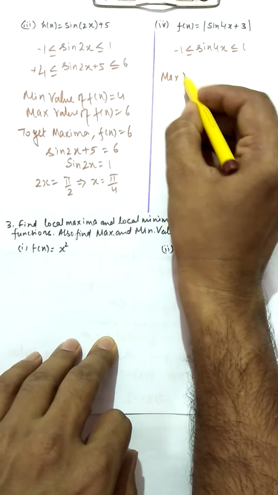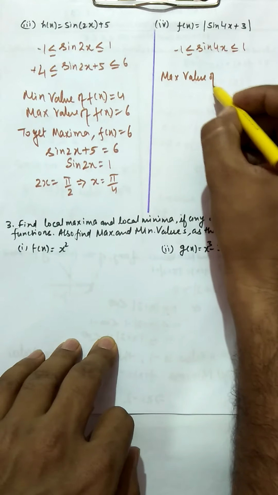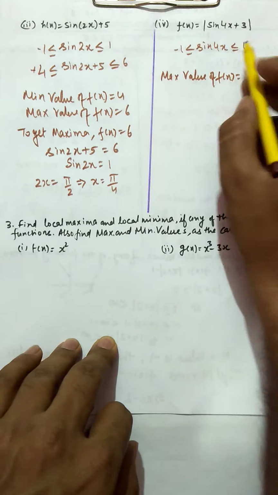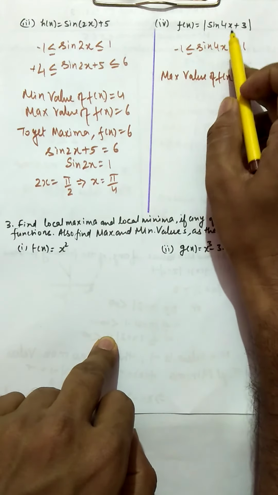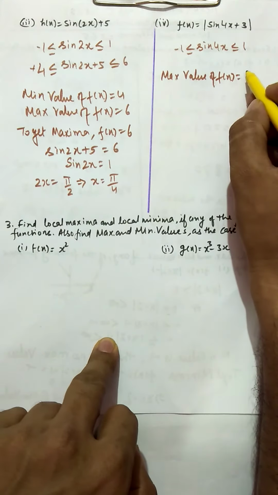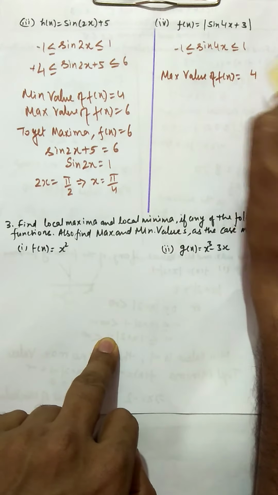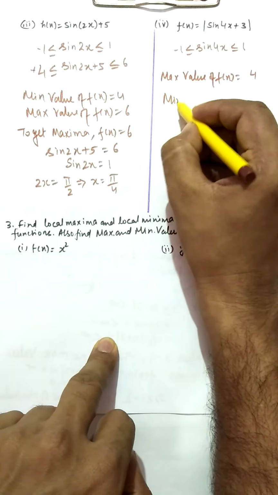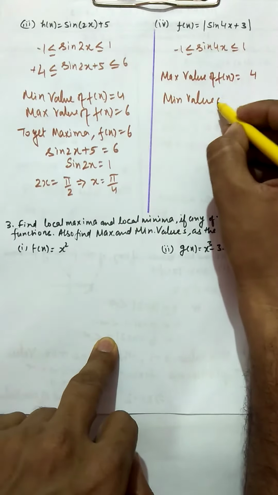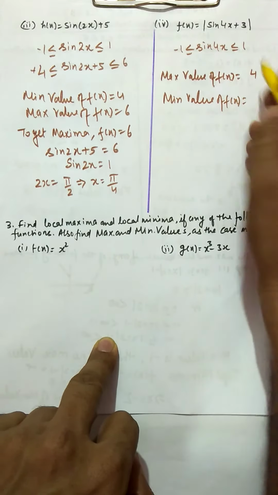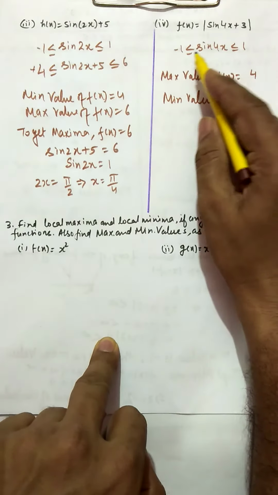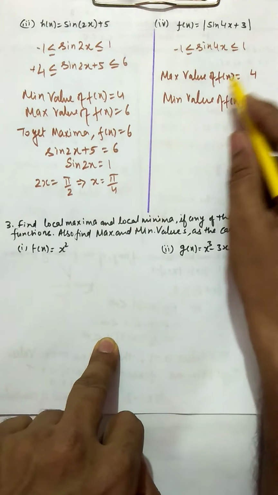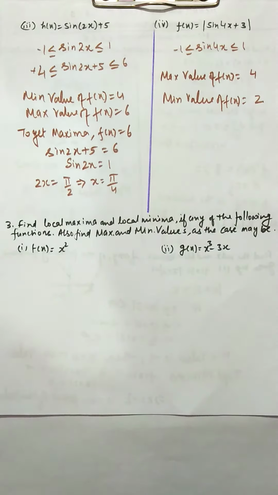So the maximum value of f(x) will be obtained when you take the maximum value of sin 4x, and that is 1. So that is going to be 1 + 3, this is 4, and the minimum value of f(x) will be obtained when you put the minimum value of sin 4x. So sin 4x minimum value is -1, so -1 + 3 is 2. So this way you can find the maximum value and minimum value.